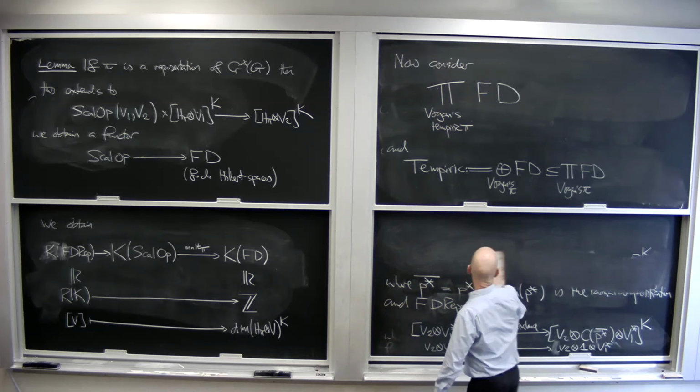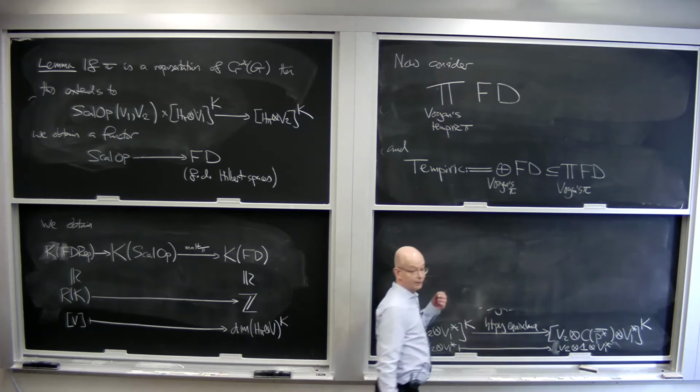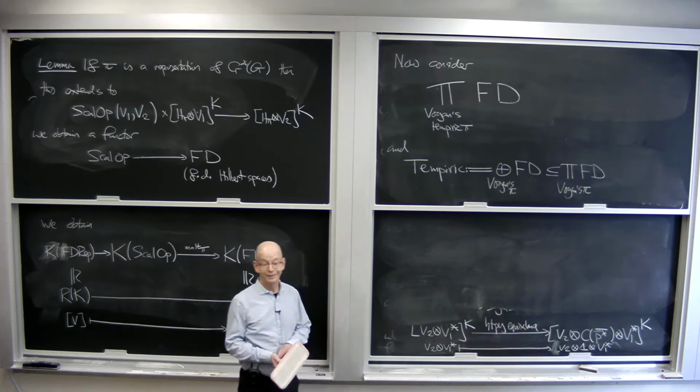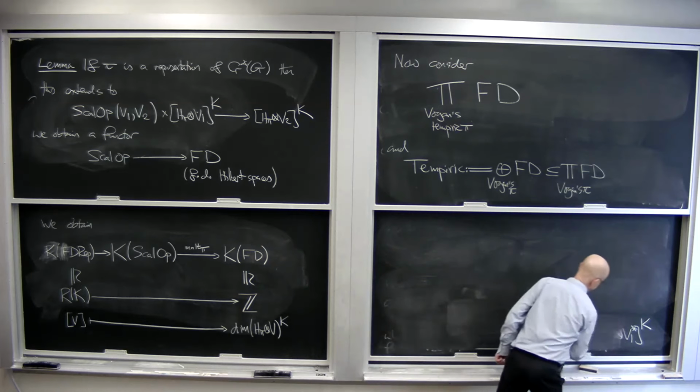So the second category, this temperic thing, is one of these C-star categories without identity morphisms, which we've agreed it's okay. It's okay for categories not to have identity morphisms.